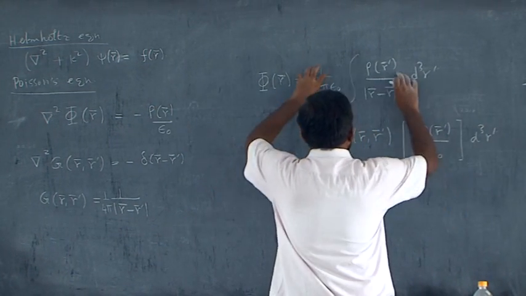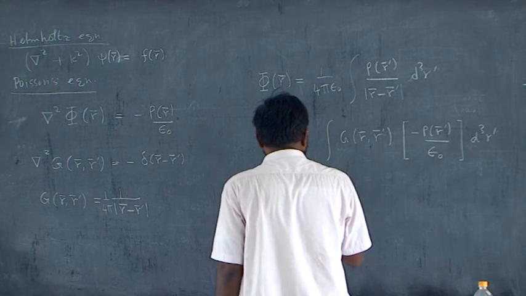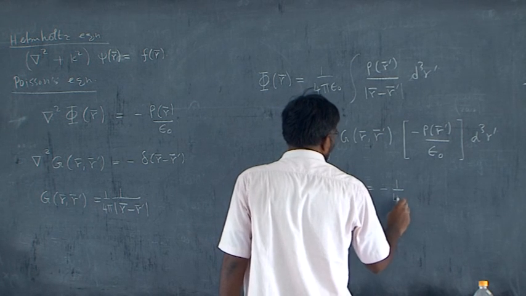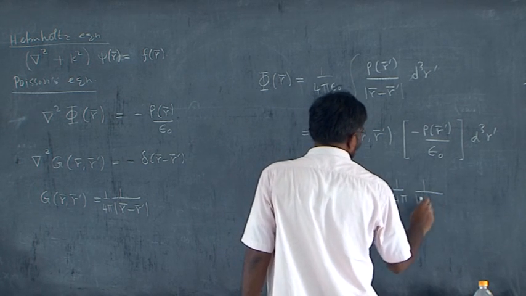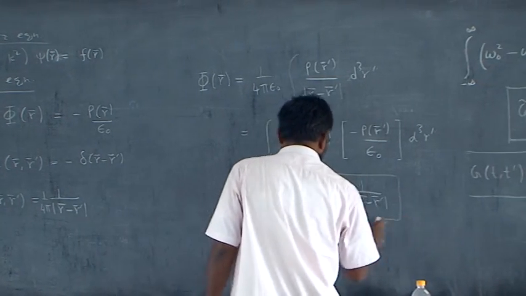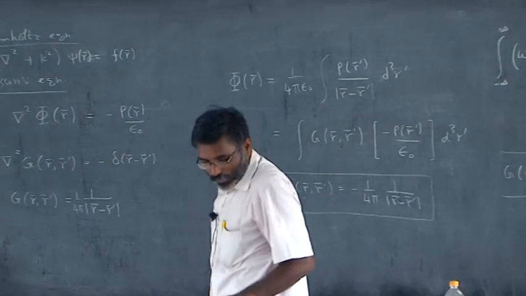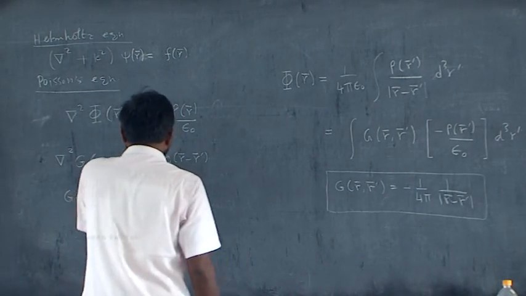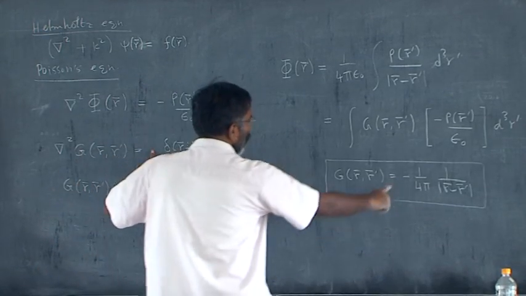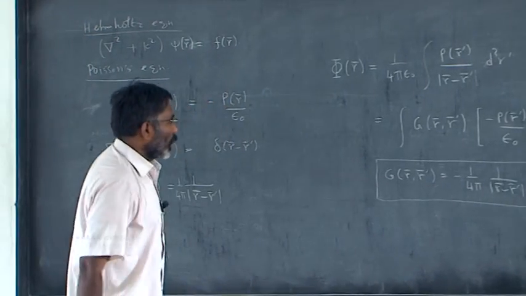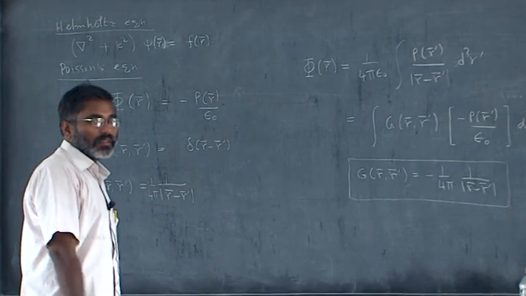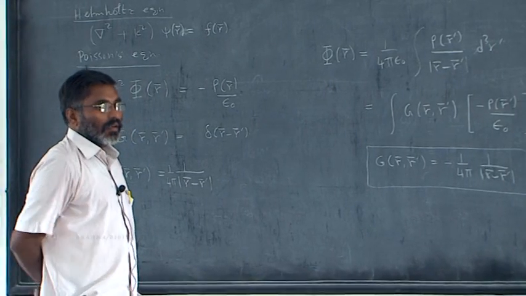If I compare these two equations, we get g of r prime has to be minus 1 over 4 pi into 1 by modulus of r minus r prime. Then you will write this as simply del of r. If I put a minus sign here, I will get a plus sign. That's it. I am not solving this, I am just reading out from Coulomb's law. But you can solve this and get the same answer.